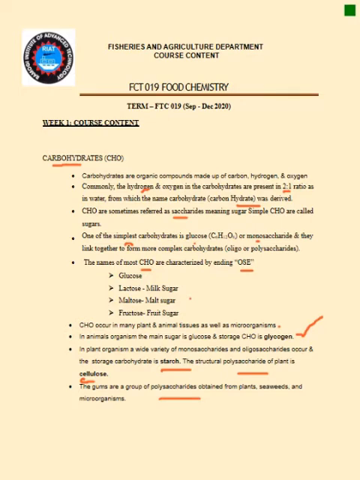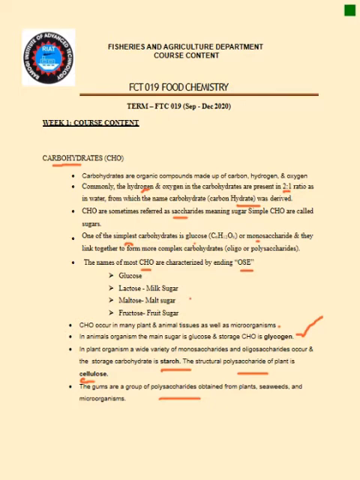It is also important to note that carbohydrates occur in many plants and in animals and other organisms as well. In animals, the main carbohydrate present is glucose, and it is stored in the form of glycogen. That is the storage form of sugar.